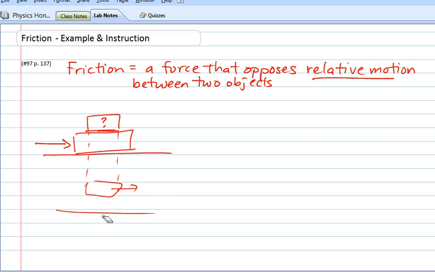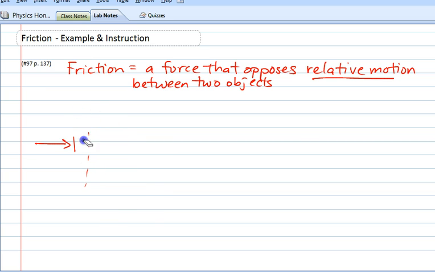But most of the time, to keep things simple, we usually only talk about one object moving compared to some stationary object, like a block sliding down an inclined plane. We usually talk about the plane as being locked down and unable to move, and then the block is able to slide.